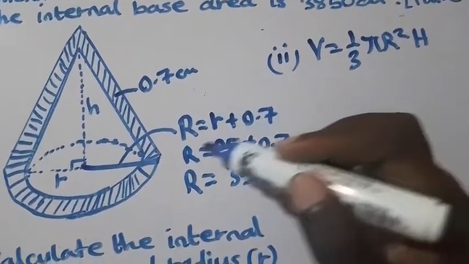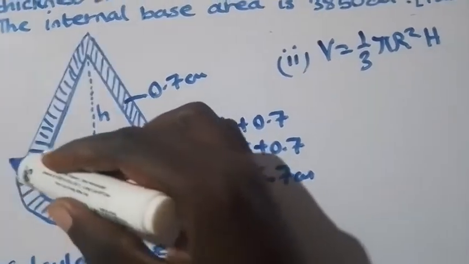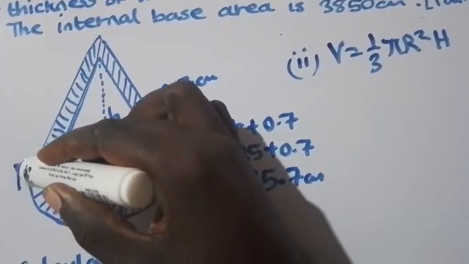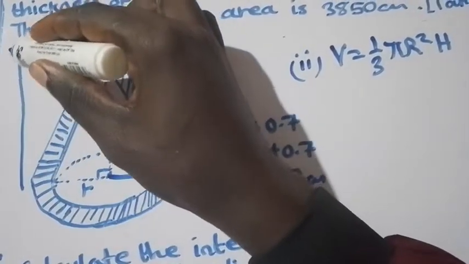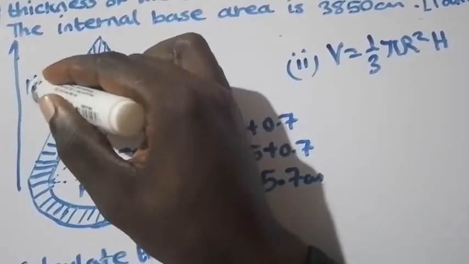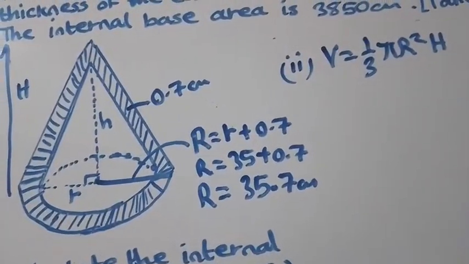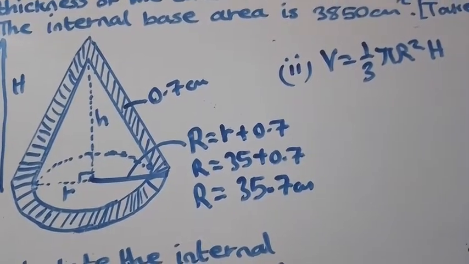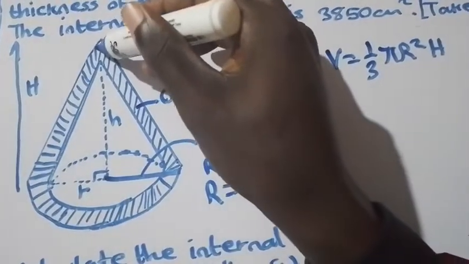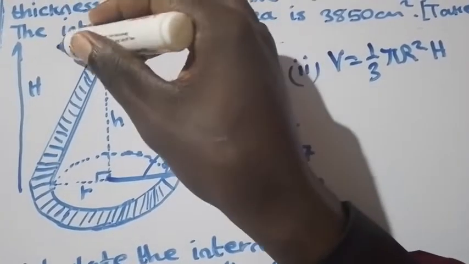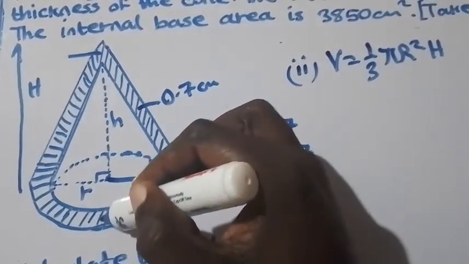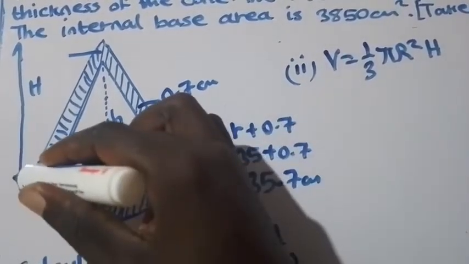Then as for capital letter H, we need height from this point up to that point, which is capital letter H. So now this H, we have to add this thickness, which is 0.7, and the thickness which is at the bottom.